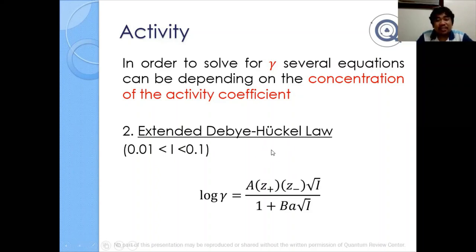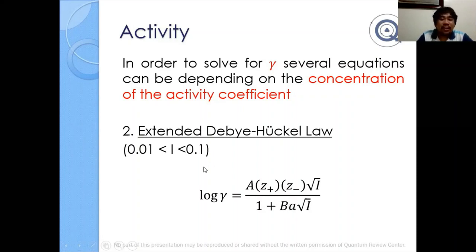So for the extended Debye-Hückel law, there are additional constants that were used. And syempre, of course, it's not expected of you to know these constants here. Kahit na sabihin natin na for water, parang ang dami na masyado for just one equation.